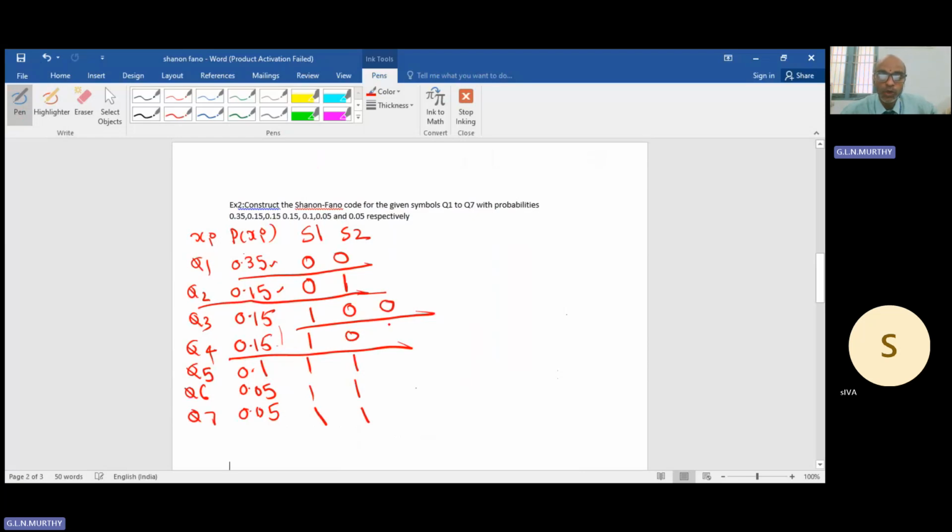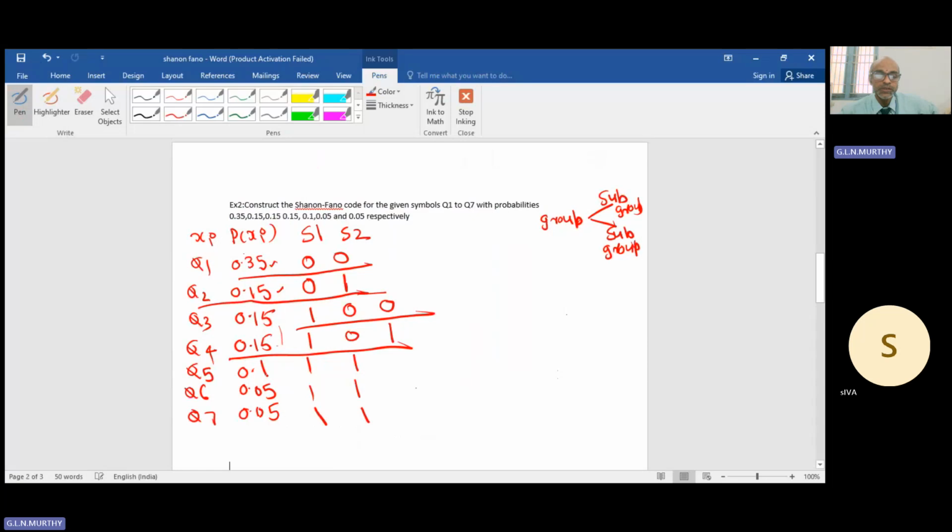Upper one is 0, lower one is 1, because 0.15, 0.15 are equal. So the step is to be remembered: at every level, divide each group into two approximately equal groups. Every group into two subgroups. They must be approximately equal.